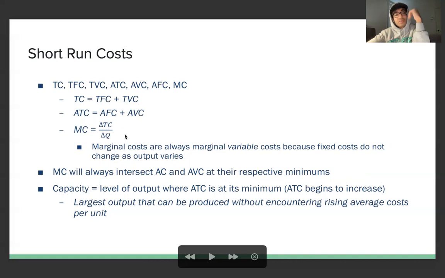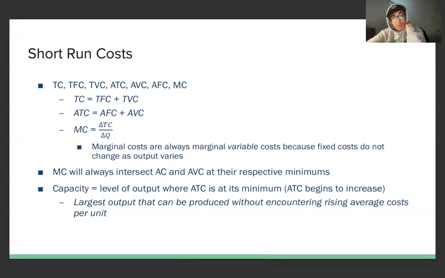And then marginal cost is basically the addition to your total costs when you increase the quantity by one. Marginal costs are always marginal variable costs, because fixed costs do not change, right? Fixed costs are fixed.